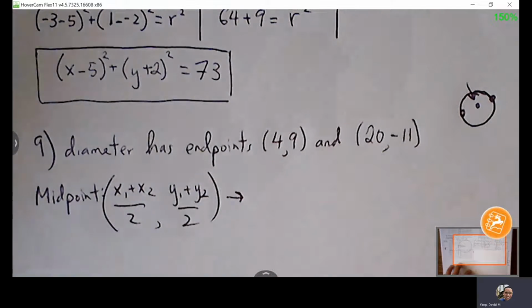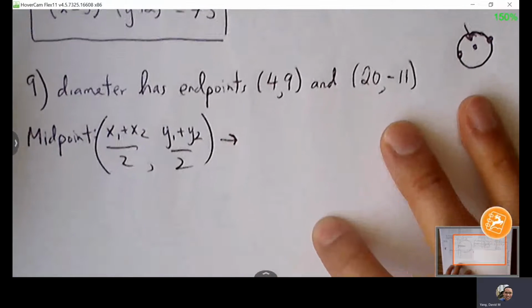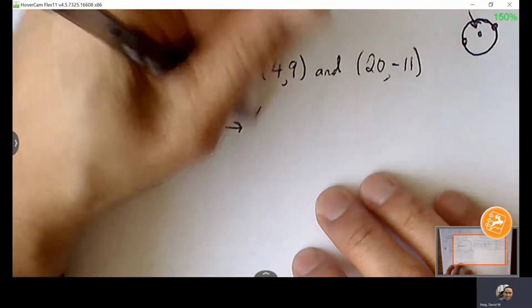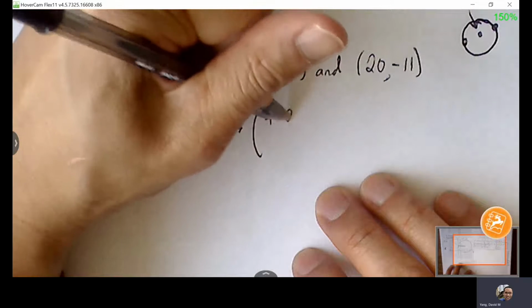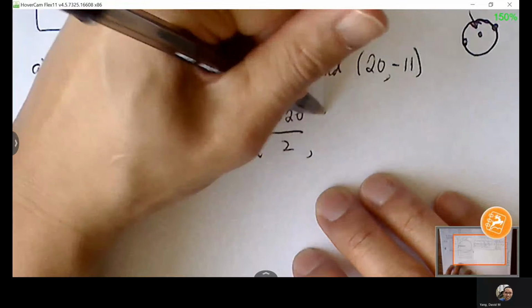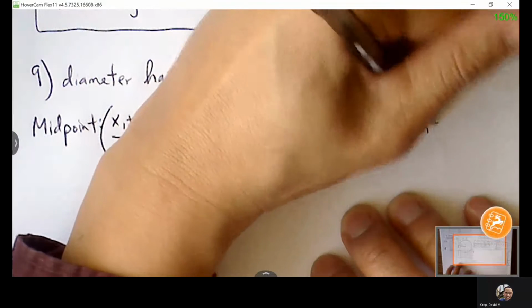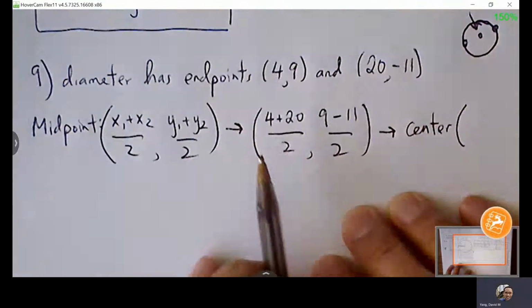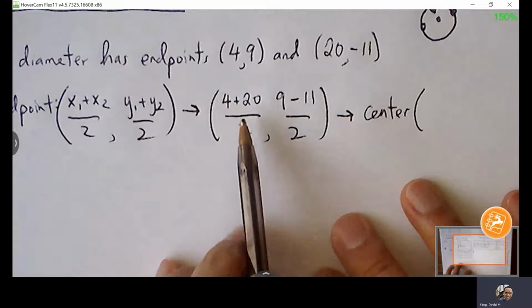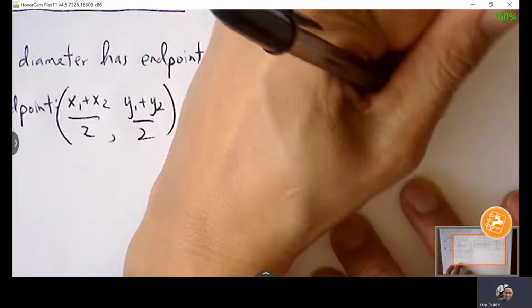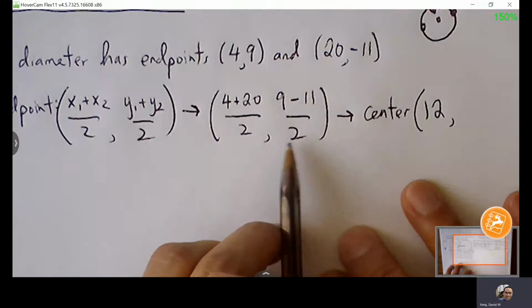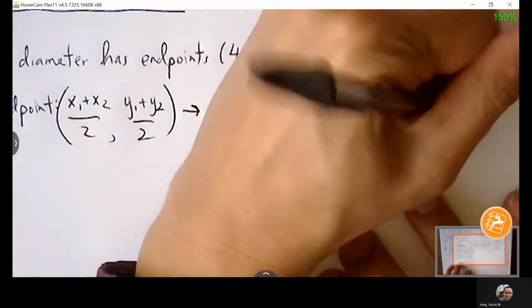In this case, our midpoint will also be the center of our circle, which we need. So 24 over 2 is 12. Negative 2 over 2 is negative 1.